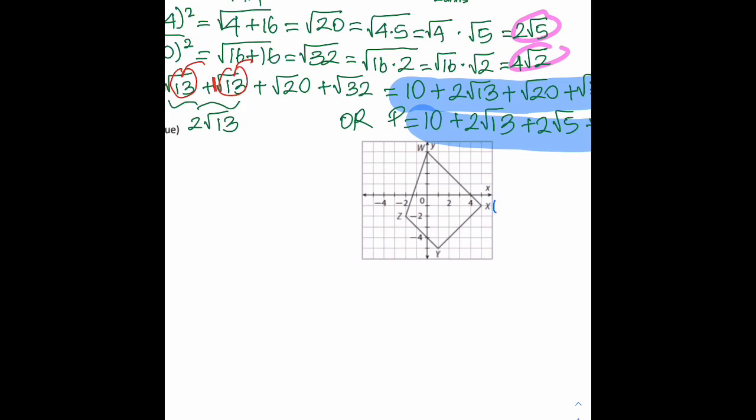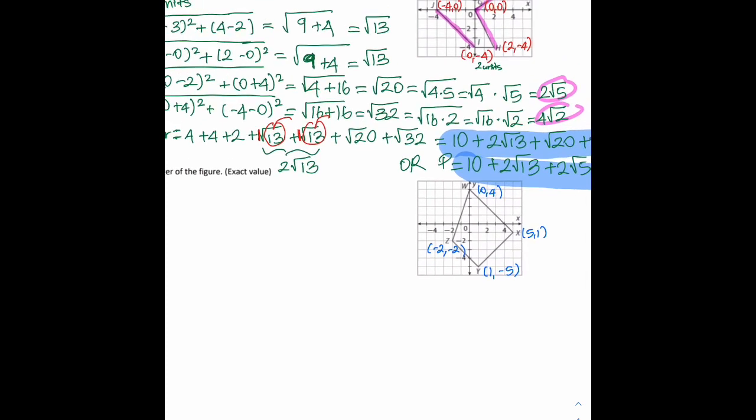For X, 5, 1. For Y, 1, negative 5. For Z, negative 2, negative 2. And for W, 0, 4.